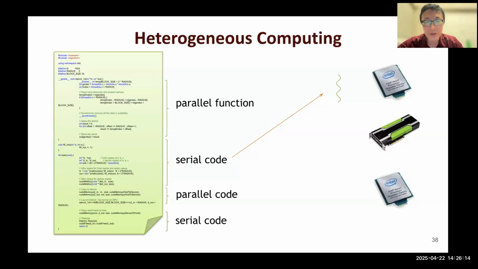These functions are called kernels in the CUDA context. Then your job is to launch those kernels, collect the data from the GPU, and finish your computation. Okay, so that's the basic workflow for doing CUDA programming.